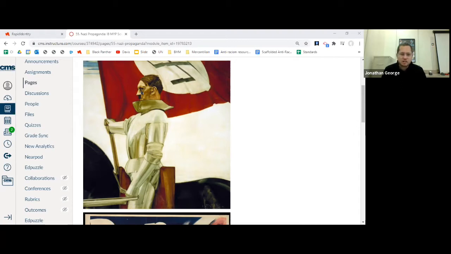Actions. What actions do you see in this poster? Type in the chat. No, you're not making your own poster. You're looking at the poster that's on the screen. Okay, good. Yeah, holding a flag. Okay, holding up a Nazi flag. What else? Yeah, riding a horse. Good, type those in and just list them out.